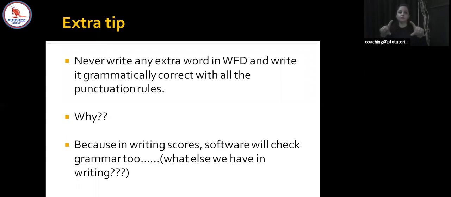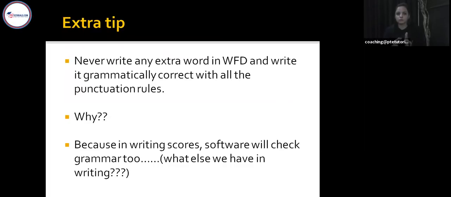If I'm writing extra words in one sentence, because people get confused when they are writing their answer, whether the speaker said student or students, it is difficult to remember.